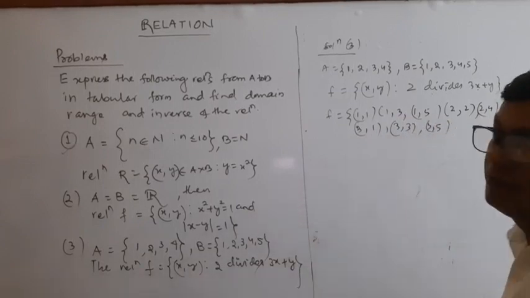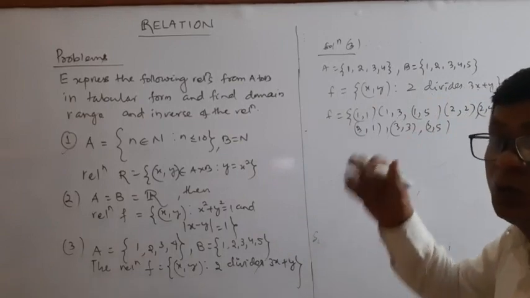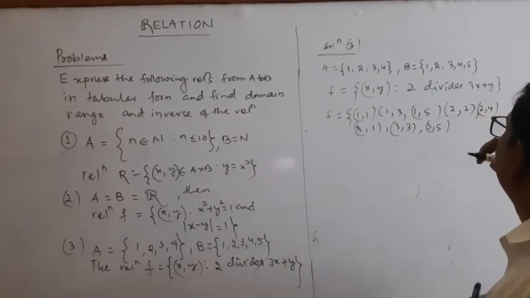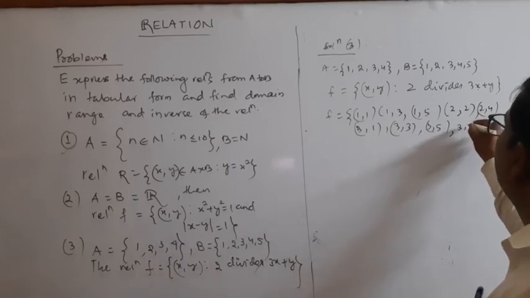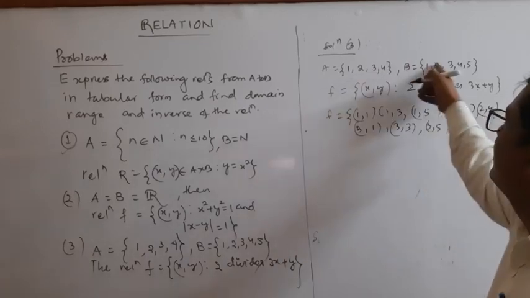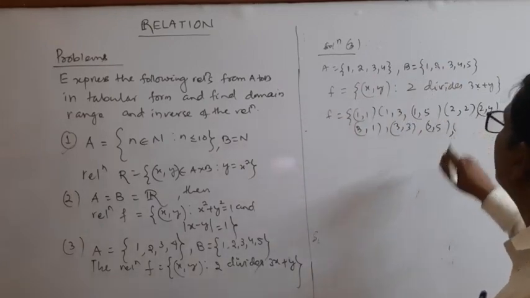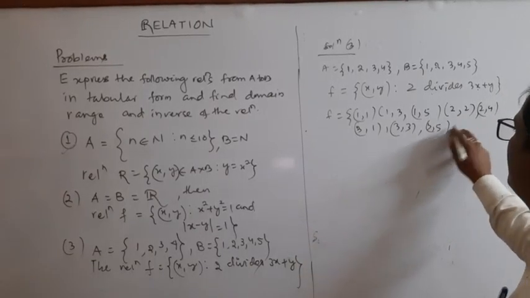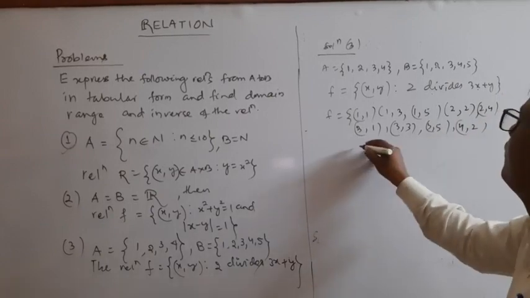For each x value and y value, it must be divisible by 2. Then 4: (4, 2), (4, 4).